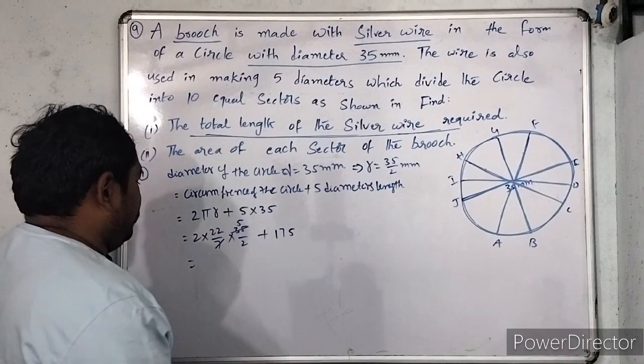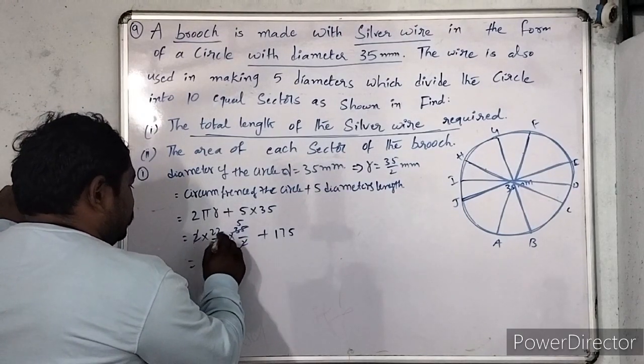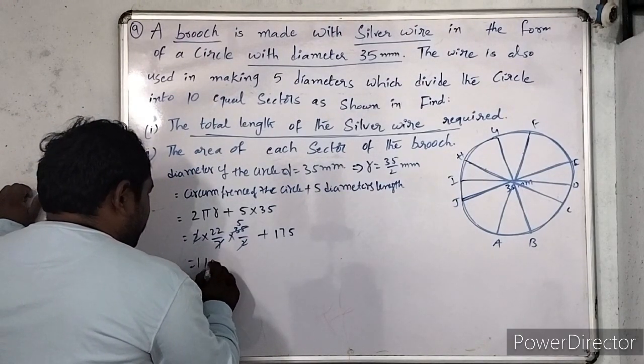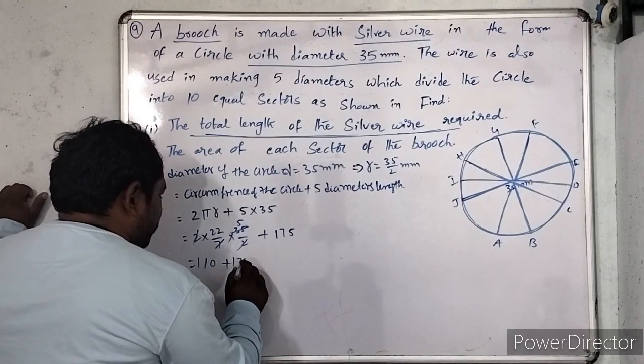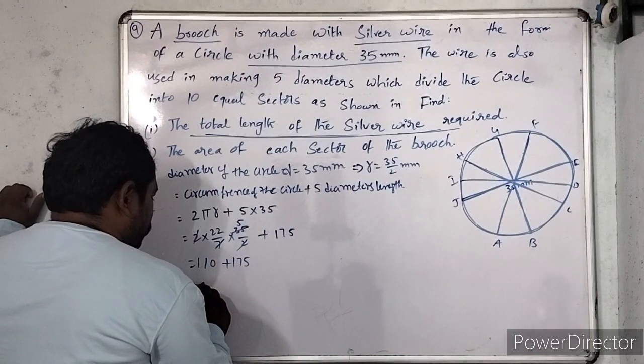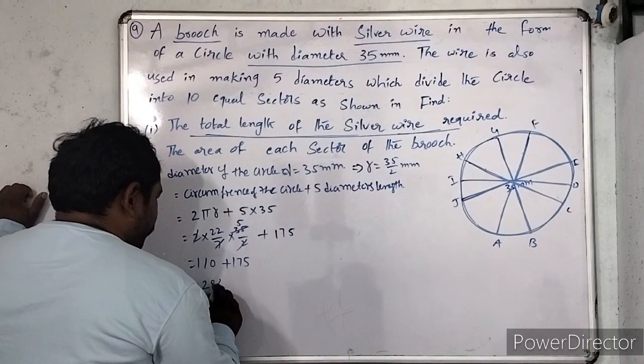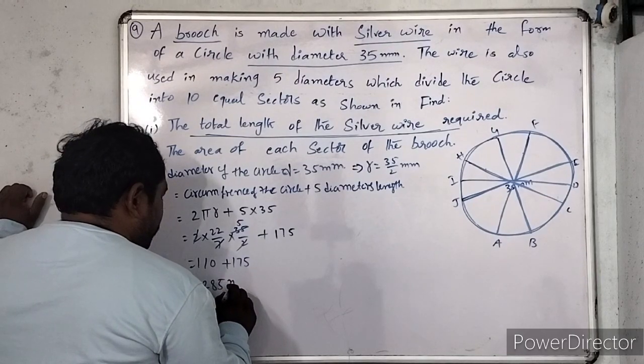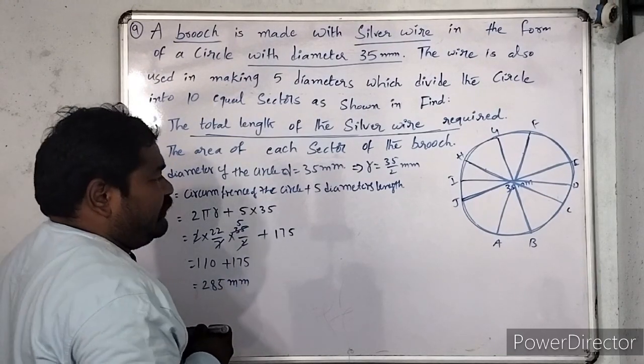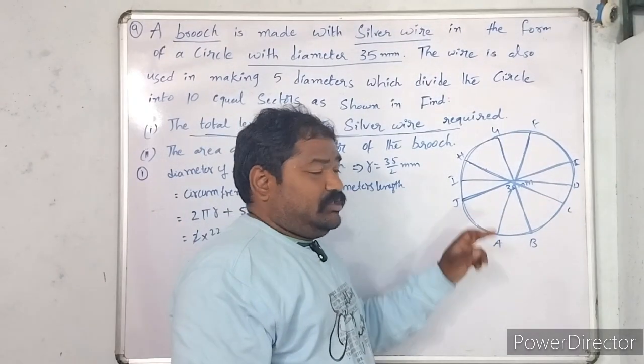The 2 get cancelled. 22 5s are 110 plus 175, which equals 285 millimeters. This is the total length of the wire to make this brooch.